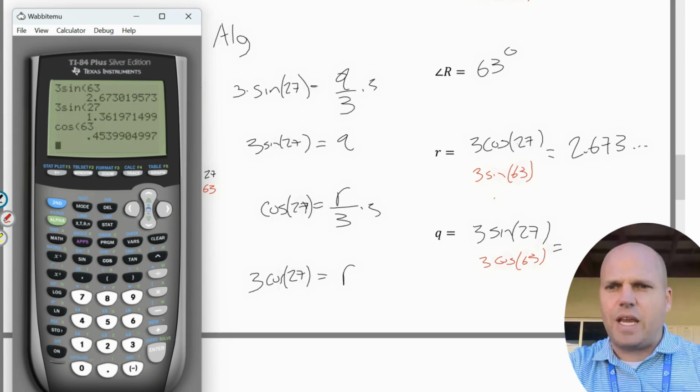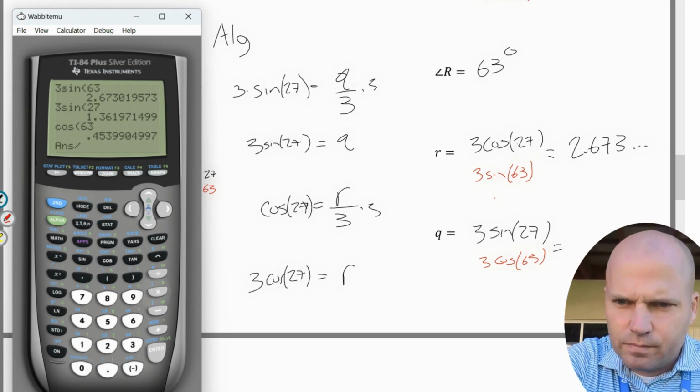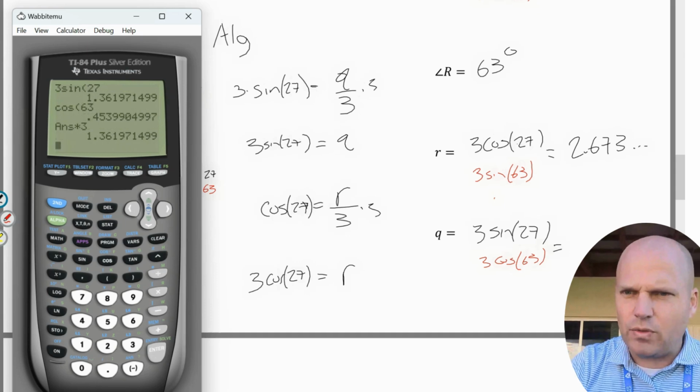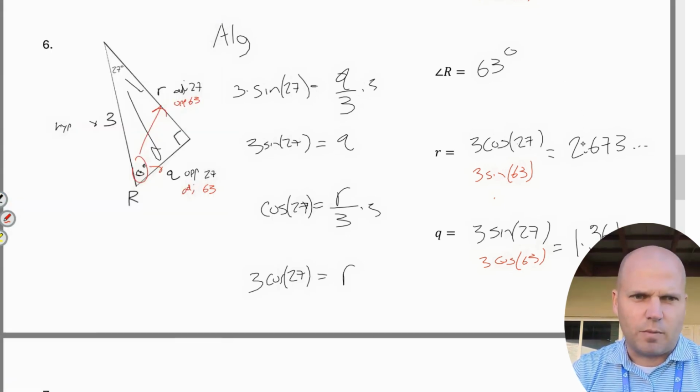So it's referring to the same ratios times 3. 1.361. And if we use these in the Pythagorean theorem, we see that this squared plus this squared actually equals 3 squared.